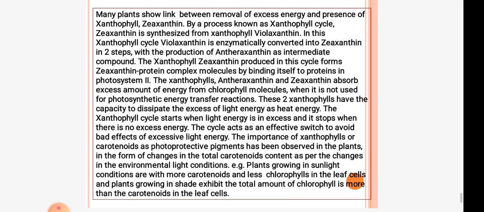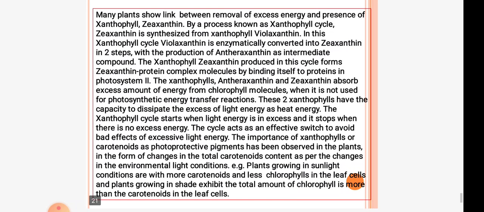For example, plants growing in sunlight conditions have more carotenoids and less chlorophyll in the leaf cells, and plants growing in shade exhibit a total amount of chlorophyll which is more than carotenoids in the leaf cells. So in shade plants, leaves consist of more chlorophyll, and in sunlight conditions more carotenoids and less chlorophylls are present in the leaf cells.